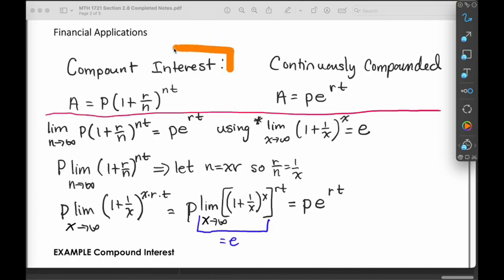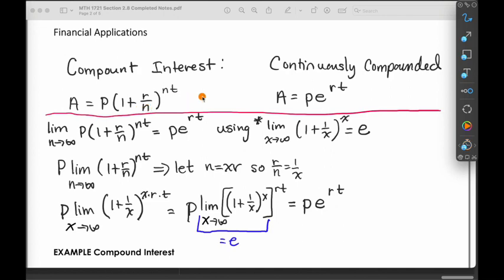Now let's look at the financial applications. If you think back to college algebra, we have our compound interest formula, which is the accumulated value is equal to the principal times the quantity 1 plus r over n, all raised to the nt. r is the interest rate in decimal format, and n is the number of times it's compounded per year.